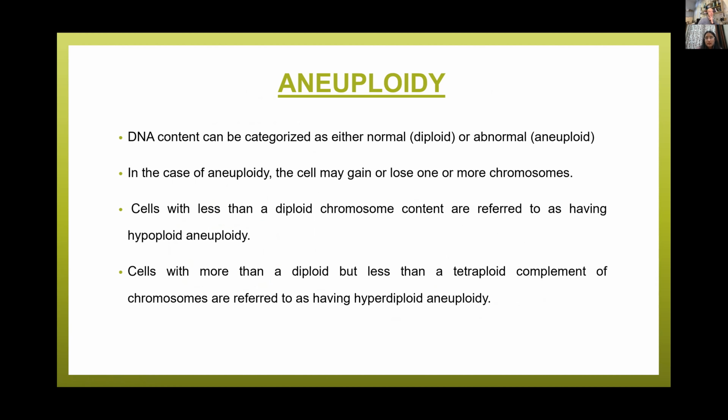Now, DNA content can be categorized as either normal or abnormal, abnormal being aneuploid. What happens in the case of aneuploidy is that the cell may gain or lose one or more chromosomes. Cells with less than a diploid chromosome content are referred to as hypoploid aneuploidy, and cells with more than diploid but less than the tetraploid chromosome complement are referred to as hyperdiploid aneuploidy.